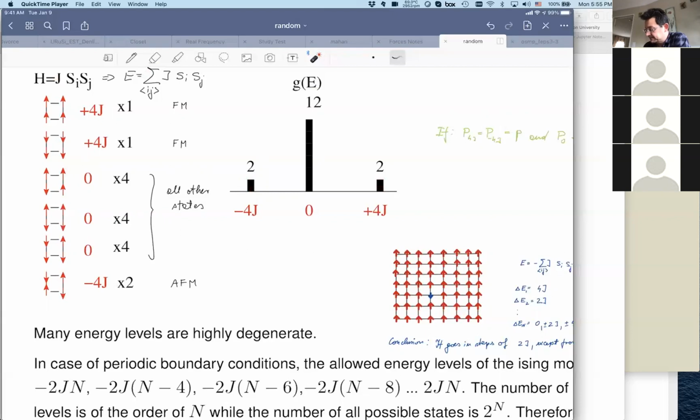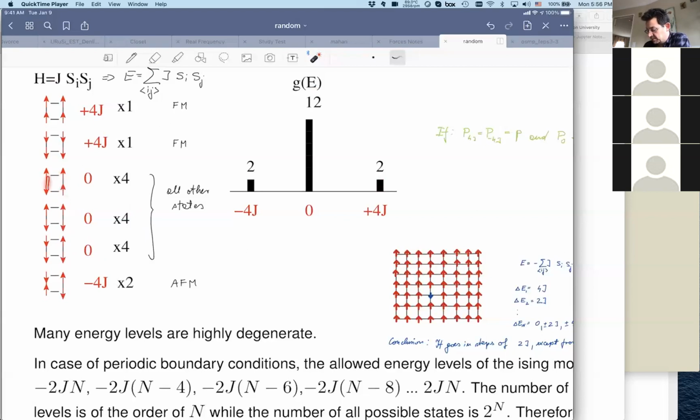Now, what about the rest of the states? Well, the rest of the states typically look like this. We have one spin which is opposite to the rest of the spins. One spin is down, the rest are up. So what happens in this case? This spin has all links opposite, but this other one has all links equal.